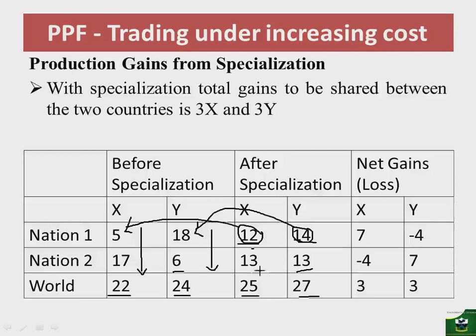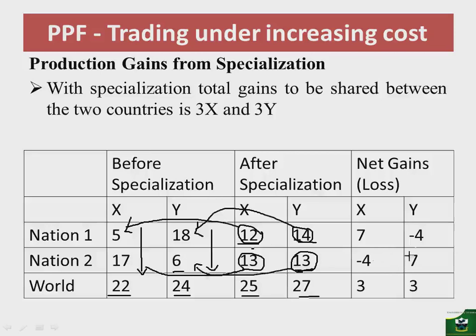We do the same for Nation 2: after specialization, 13 units of X are produced, and therefore we subtract 13 minus 17. We will have our negative 4 here, and then we subtract the 6 units of Y produced in autarky from the 13 units of Y after specialization, and we will have 7.